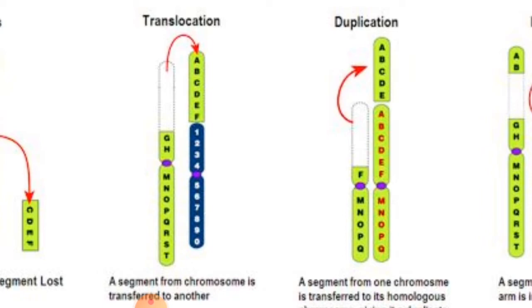That means from one chromosome it is cut and attached to some other chromosome, that is a non-homologous chromosome. You can see this non-homologous chromosome on your screens in a different color, blue, and here the numbering is also different. One chromosome is numbered ABCD and the other non-homolog on which it is being shifted is numbered as 1, 2, 3, 4.